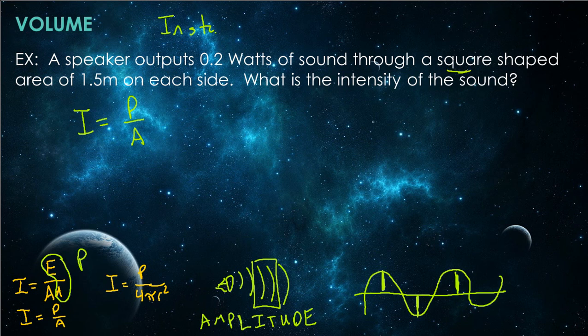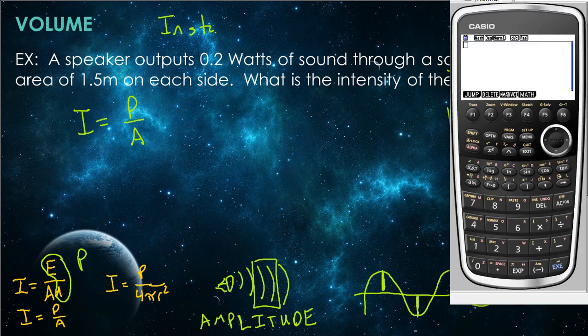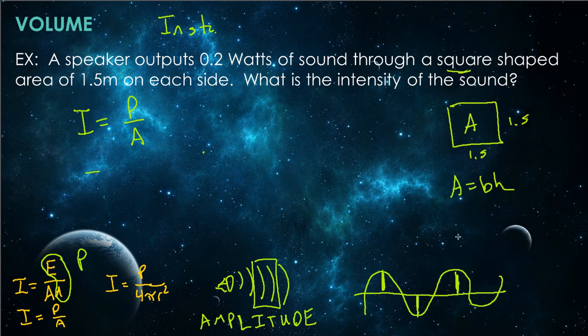Now I'm told that it's a square-shaped area. So with 1.5 on each side, I need to calculate the area of this box. And area is base times height. So I'm going to do 1.5 times 1.5 because that's both of the sides of my square. And I get 2.25. So my intensity is going to equal, 2.25 is the area that we're passing through, and our power, we're told, is 0.2.